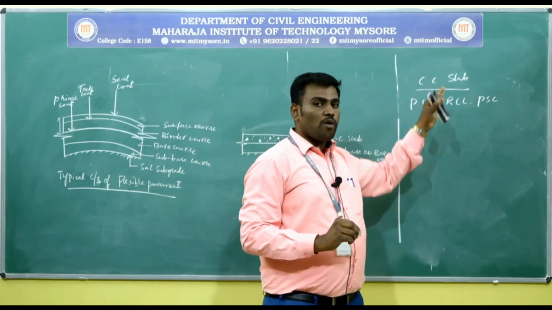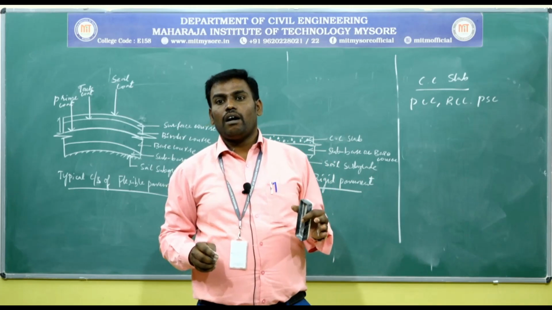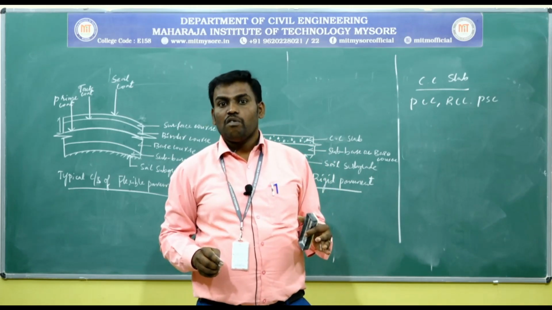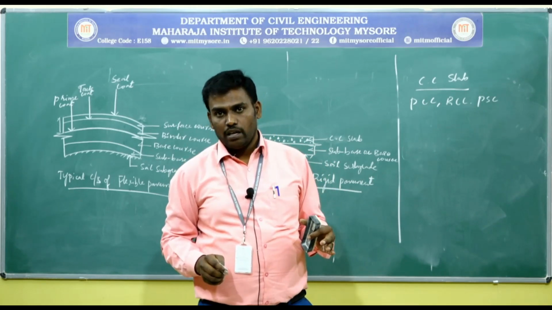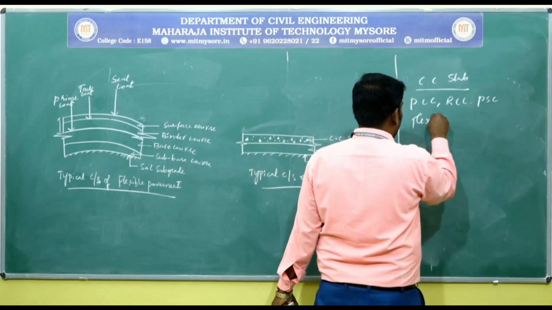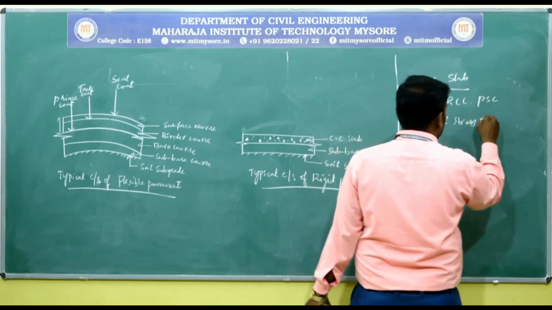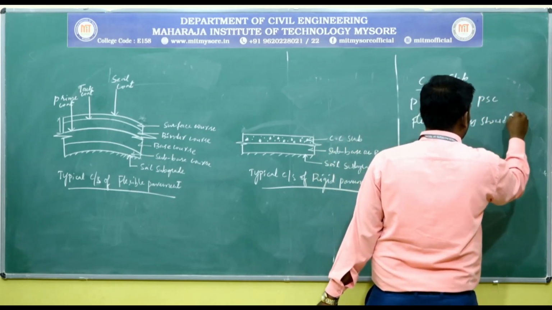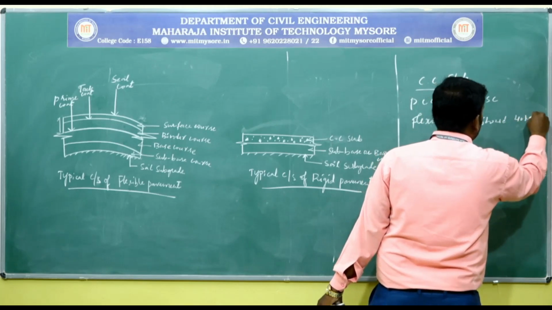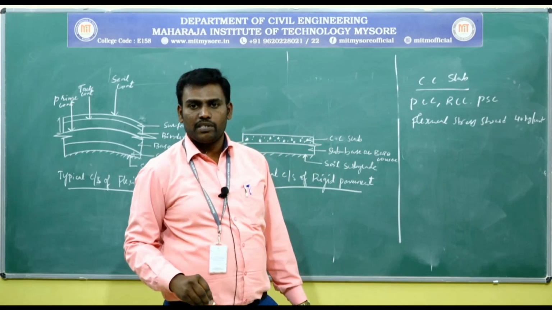But the rigid pavement will be designed, that is the CC slab will be designed for a flexural stress of 40 kg per centimeter square. Means the flexural stress should be at least 40 kg per centimeter square, not less than 40 kg per centimeter square.